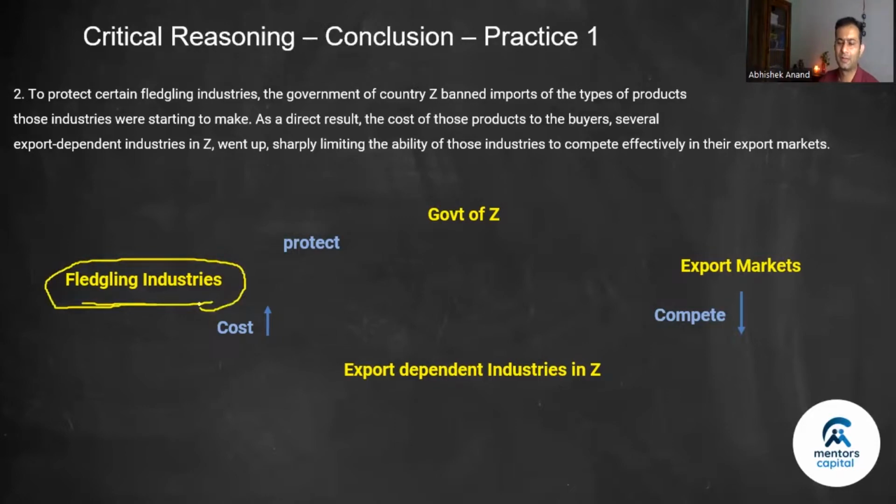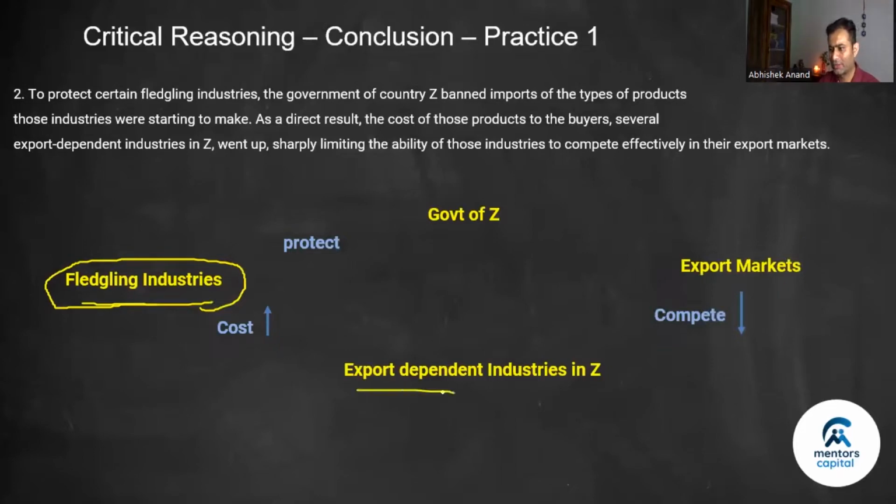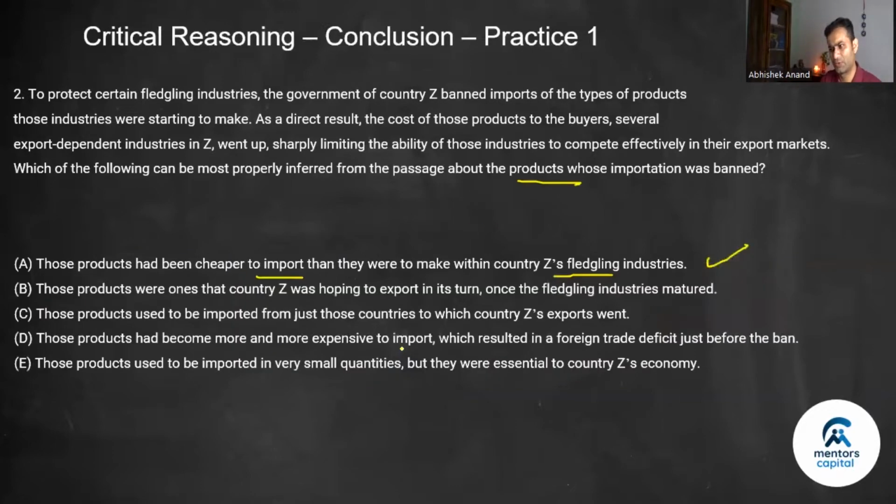So what can you infer about these products? Look at option 1. These products had been cheaper to import than they were to make within countries that fledgling industries. Yes, because that is why the cost for these people has gone up, right? Because they were initially importing it, now they're getting it from here, because of which the cost has gone up. So it's a safe inference that the cost at which they are selling to them is high, right? So this is the correct answer.